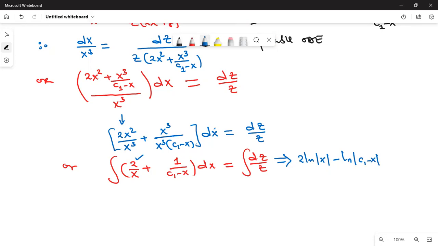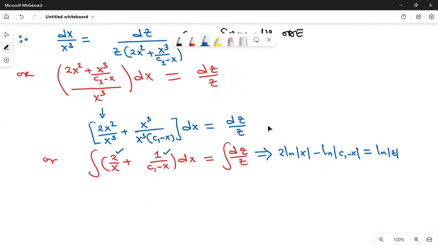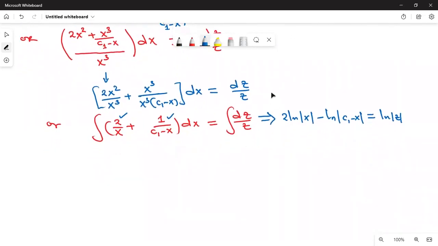Remember, you can use substitution to integrate this. You get the same thing. On the right-hand side, we are going to get ln z. And then there must be a constant of integration. Let's call it c2, plus ln c2.